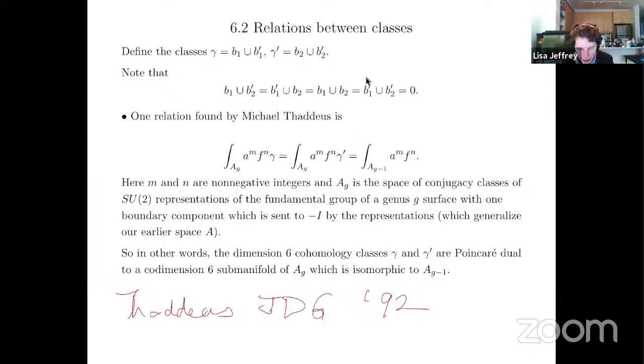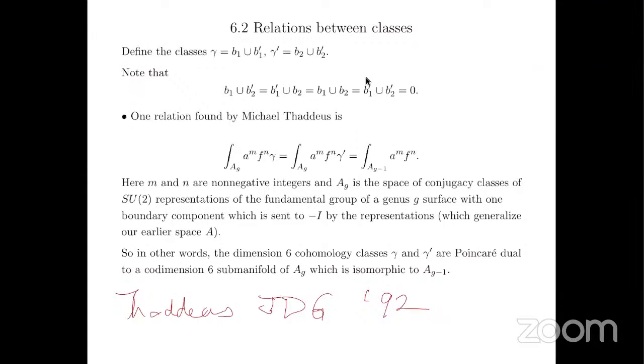The answer is the A comes from the classifying space of the group action. The F is actually the de Rham cohomology class of the symplectic form. It doesn't come from the classifying space, but the A does. Okay, thank you.